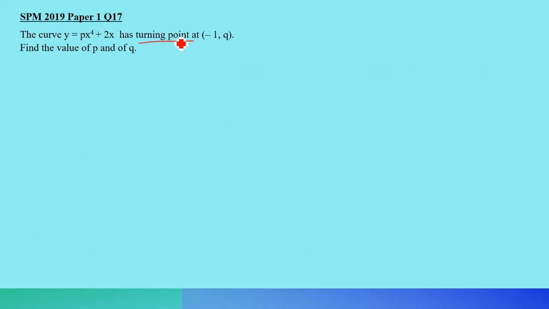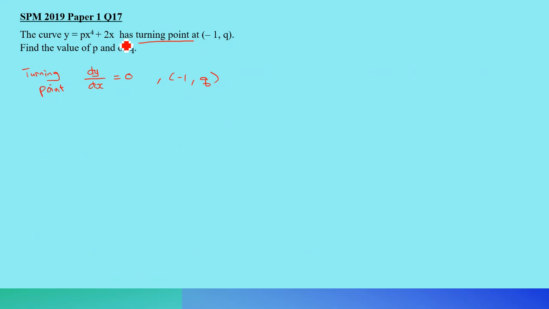They did not say if it's maximum or minimum, no worries. At the turning point, just now I gave you the formula, your dy/dx must be 0. And the point is given as (1, q), so that means your x is 1 and your y is q.